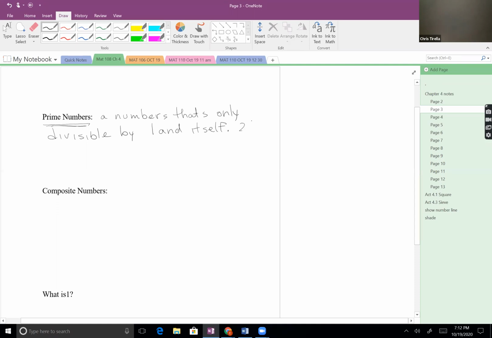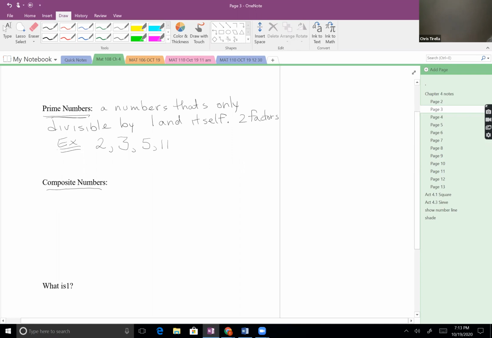It has two factors. And so from the table, 2 was a prime number. 3 was a prime number. Can anybody remember any other prime numbers? 5, beautiful. Any others? 11, great. And so those would all be examples of prime numbers.